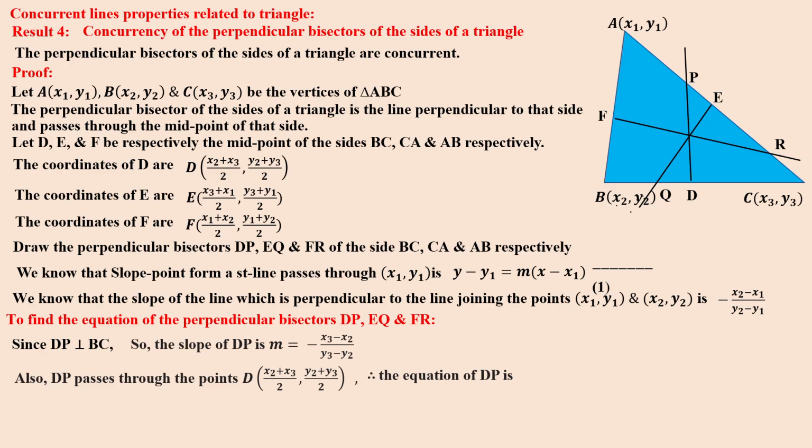So we use the slope point formula. The equation of DP is y minus y2 plus y3 by 2, which is equal to m, that is minus (x3 minus x2) by (y3 minus y2), into x minus (x2 plus x3 by 2).